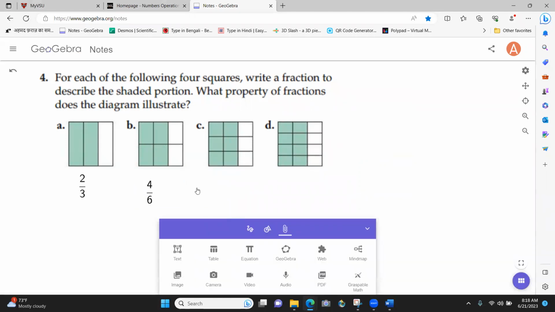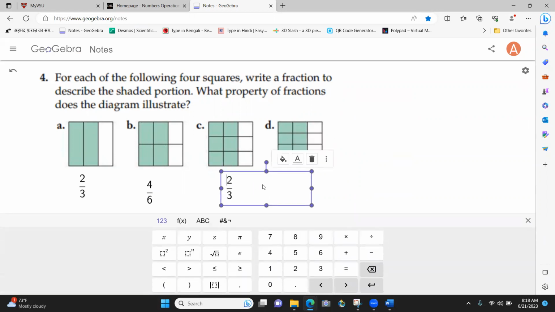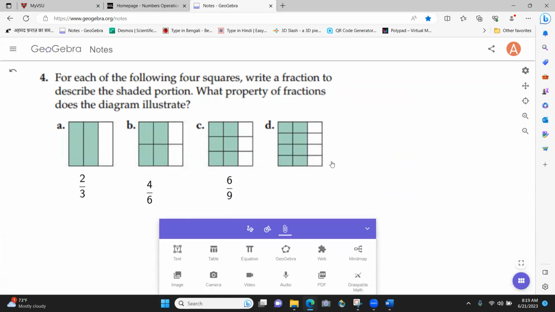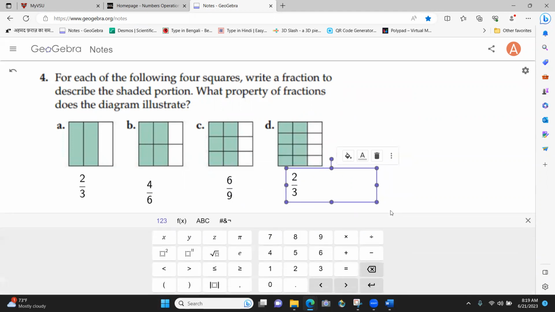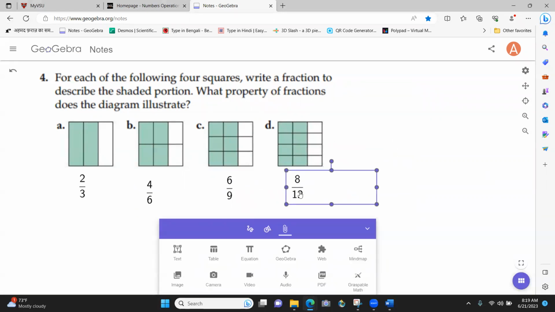And the next one is 6/9. 6 of the equal parts are shaded out of 9 equal parts. And the one after that, the fourth one, is 8/12. Well, what property of fractions? Equivalent property. They're all equivalent. They all represent 2/3. Okay?